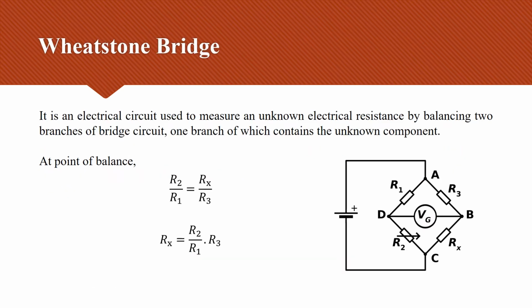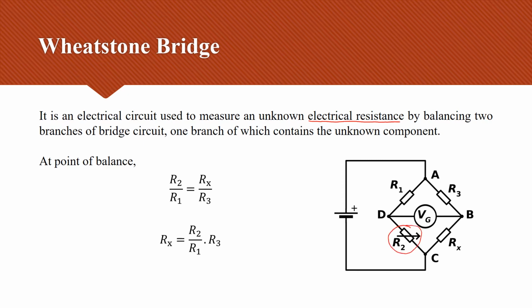So before going into the details of the Wien-Bridge oscillator, let us first talk of the Wheatstone bridge. It is an electrical circuit used to measure an unknown electrical resistance by balancing two branches of the bridge circuit. Out of this, one branch contains the unknown component.